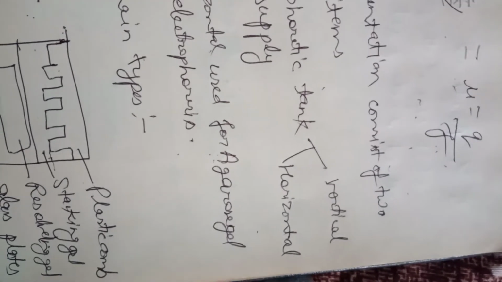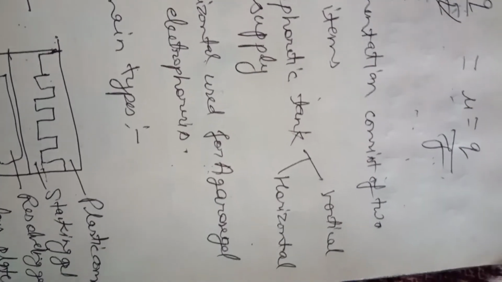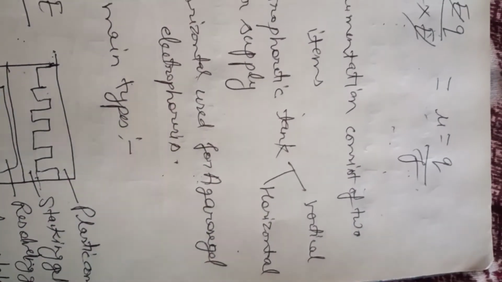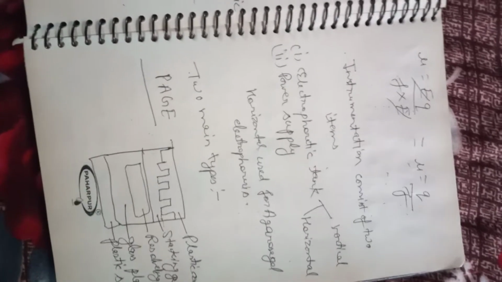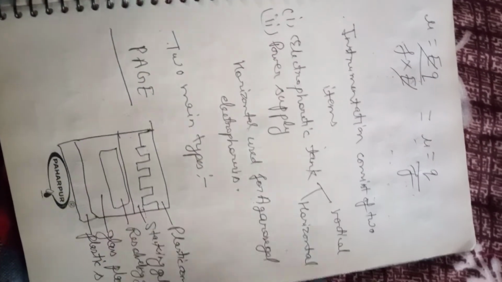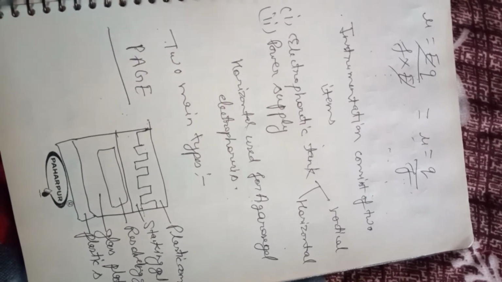The polyacrylamide gel is formed between two glass plates which are held together by clamps and separated by a plastic spacer. The size of the gel is usually 12 by 14 centimeters and the thickness of the gel is 0.5 to 1.0 millimeter. A plastic comb is placed in the acrylamide solution and is removed after polymerization of the gel.